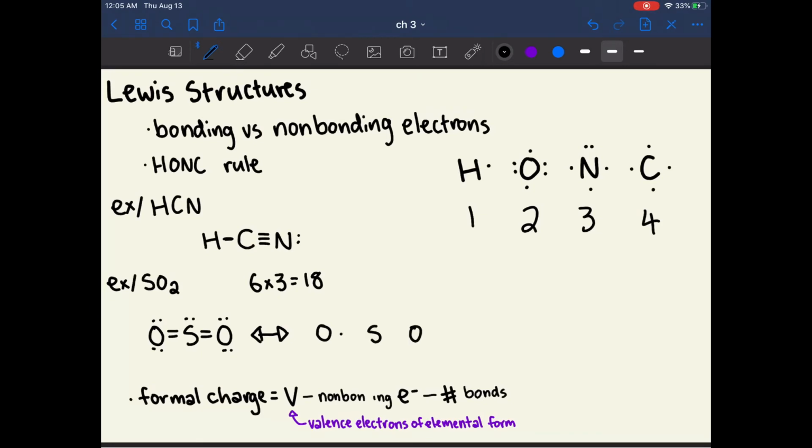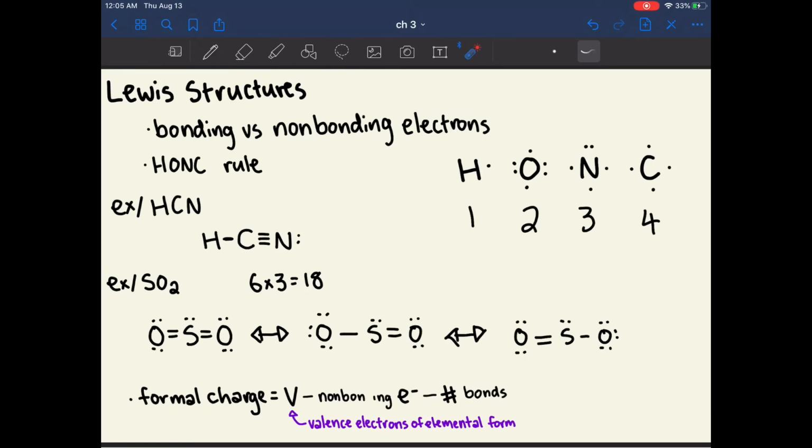For example, you can put a single bond and a double bond this way, and this also adds up to 18 electrons. But you can draw one more. This last one is the mirror image of the one before it, but it is definitely a different structure.